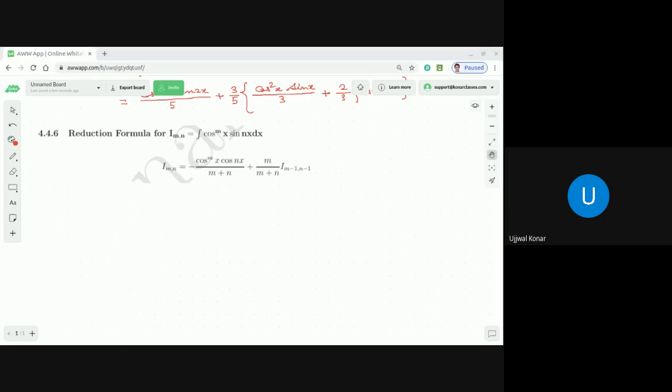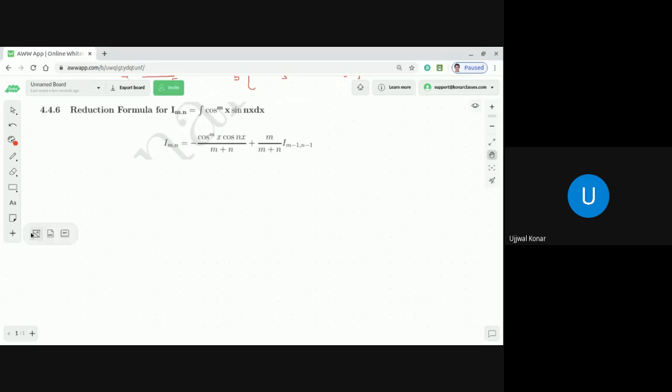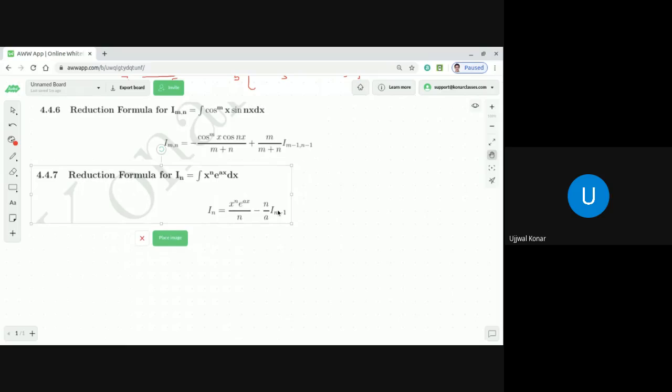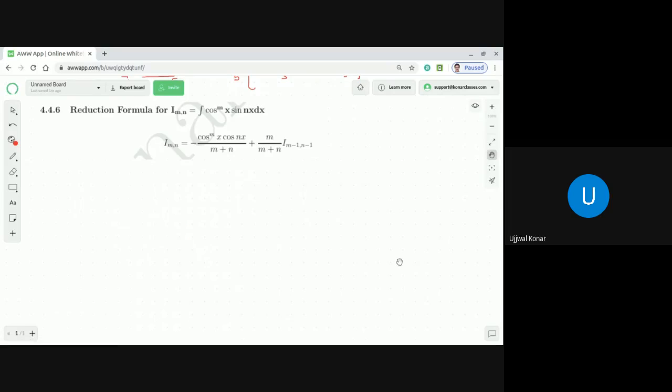Generally, applications of this are very important for JEE Advanced. In JEE Main, it is not that important. So In is equal to integration of x to the power n e power ax dx.